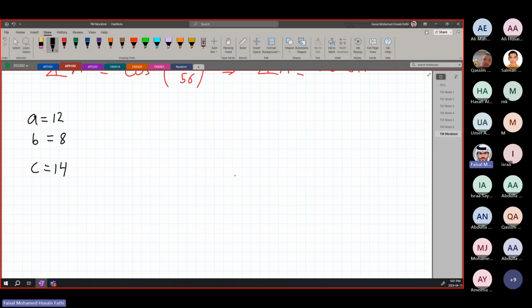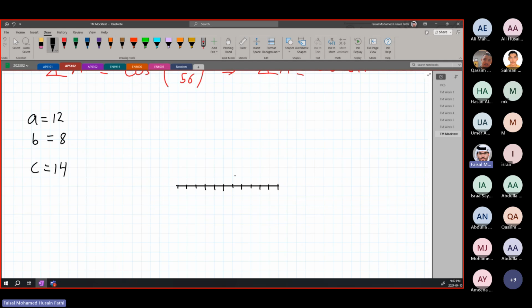So for A, if we count the boxes here, 1, 2, 3, 4, 5, 6, 7, 8, 9, 10, 11, 12, these are 12 boxes for A. And then B has to be 8 boxes, at a specific angle up there, and C is going to be 14 as well.